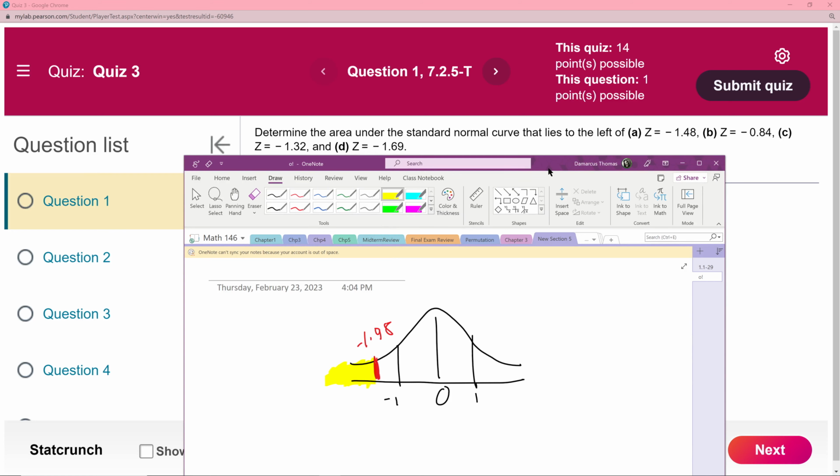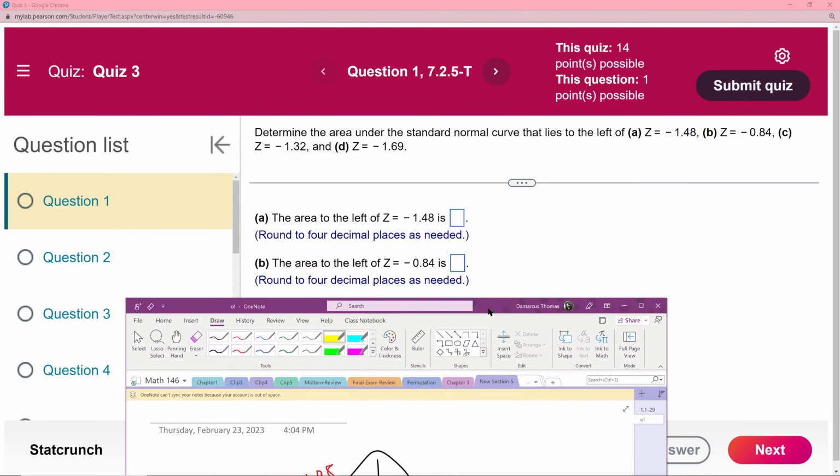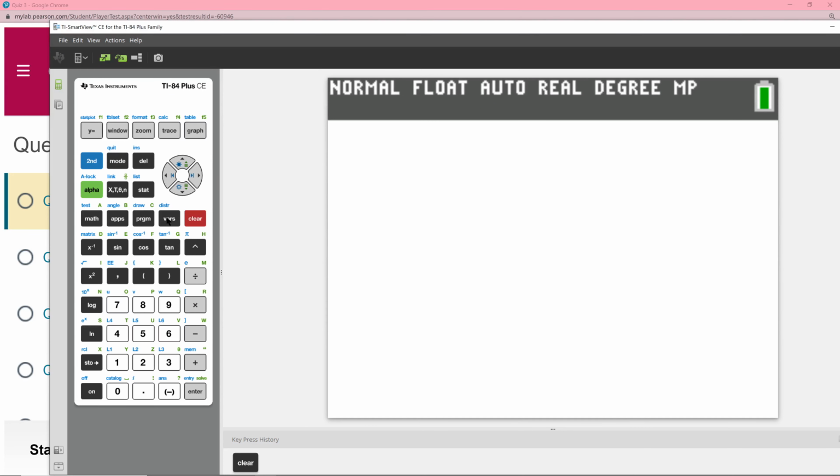There's a few ways to do this. We could use our calculator or we could use StatCrunch. StatCrunch is available for the test. You should be able to access StatCrunch. If you want to look at how this is done on the calculator, you basically need to go to your calculator. You go over to distribute.